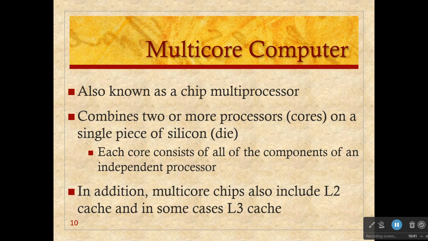Performance has also been improved by the increased complexity of processor design to exploit parallelism in instruction execution and memory access. In brief, designers have come up against practical limits in the ability to achieve greater performance by means of more complex processors. Designers have found that the best way to improve performance to take advantage of advances in hardware is to put multiple processors and a substantial amount of cache memory on a single chip.